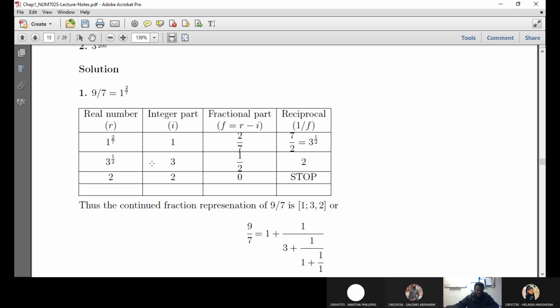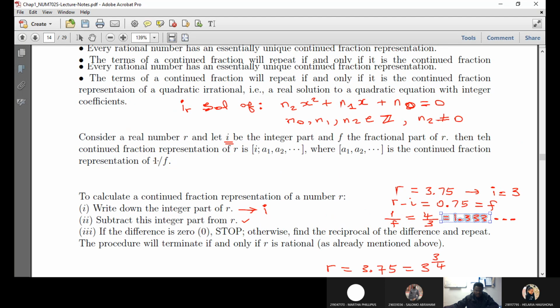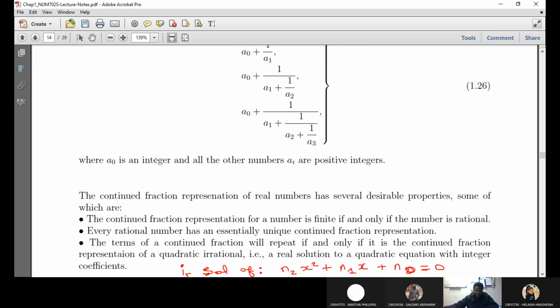Everything, meaning we come here under the integer part, we collect all the integers, right? Because remember that in the continued fraction here, A0 is an integer. It can be positive or negative, but the remaining, that is from A1 up to AN, they have to be positive integers. Right. Let's say, for instance, if my R is negative 1.2.25, for instance.